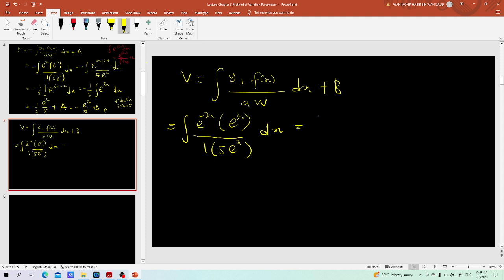Now we simplify so it is easy to integrate: e^(-2x+3x) over 5e^x dx.